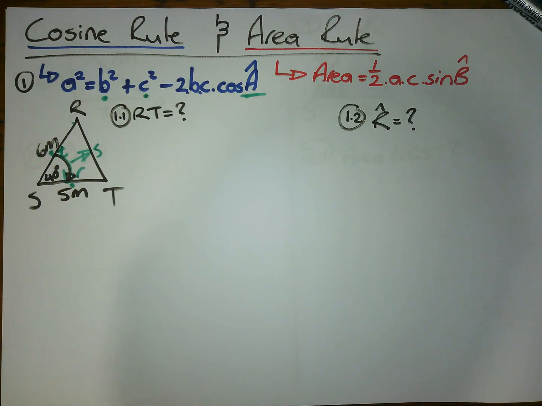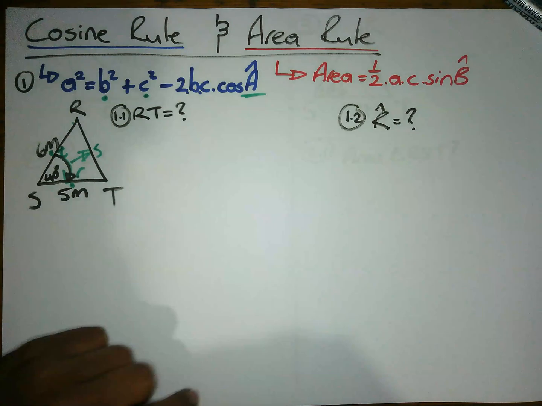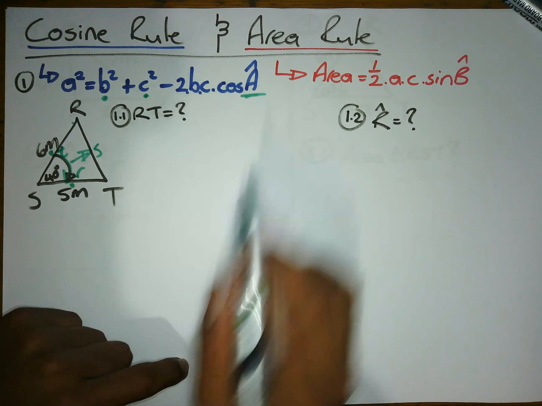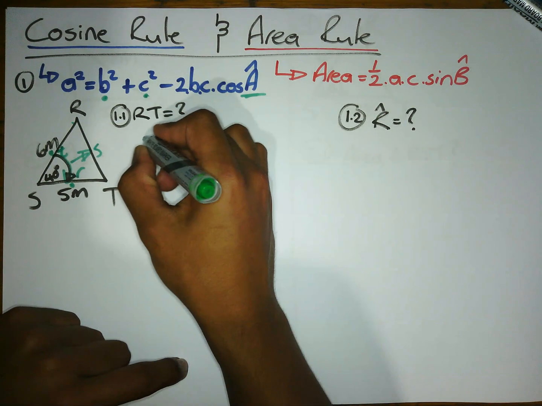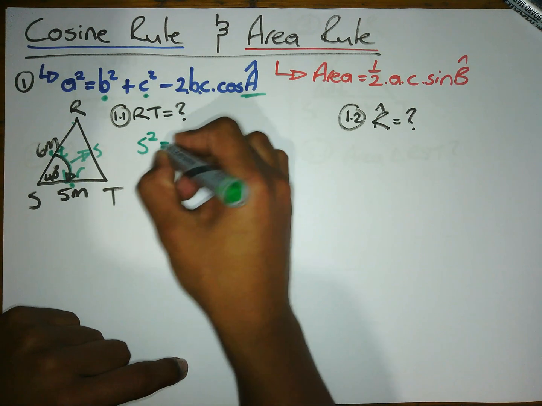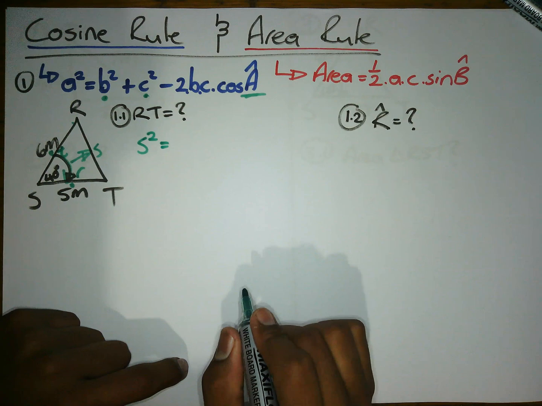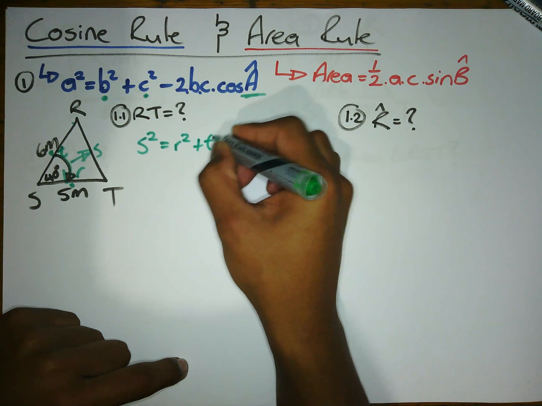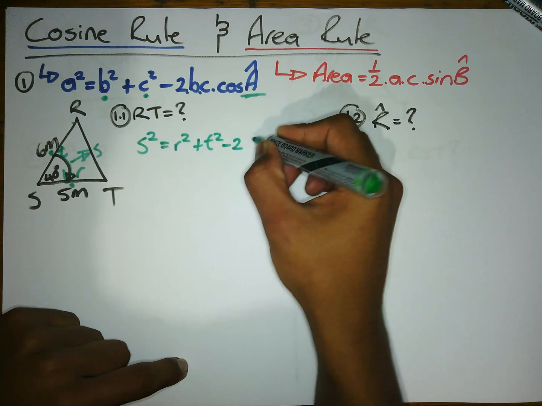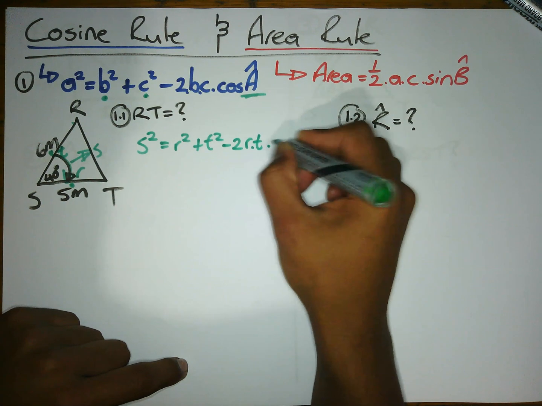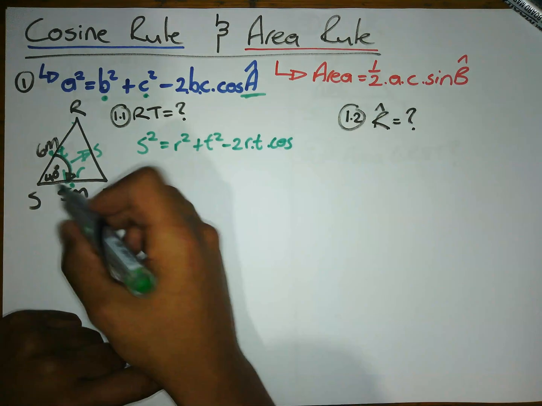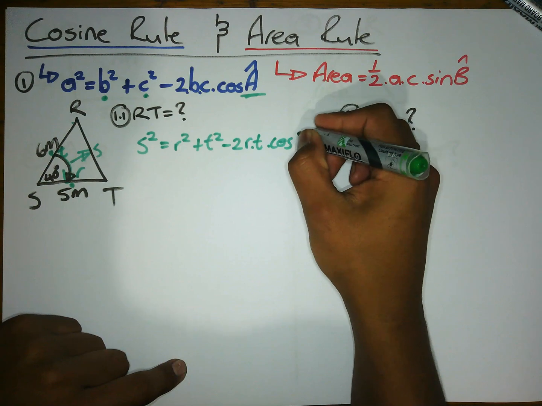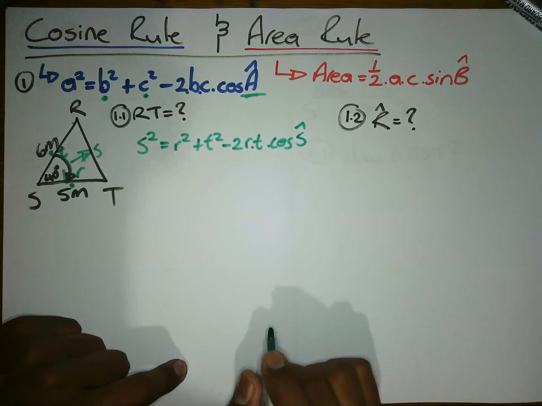All right. So our formula will look like this. So the length of RT, instead of saying RT, we're going to say s squared equals r squared plus t squared minus 2rt cos. So this angle's name now is angle S, like that.